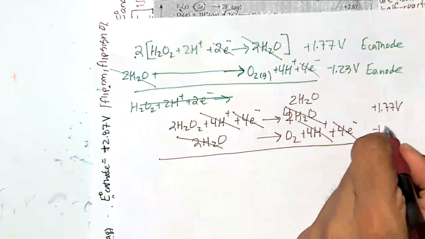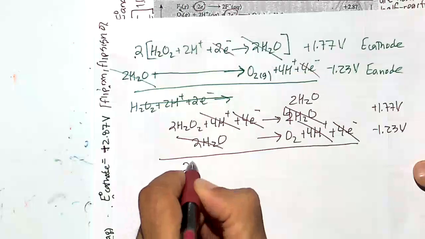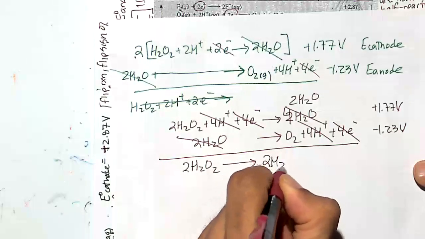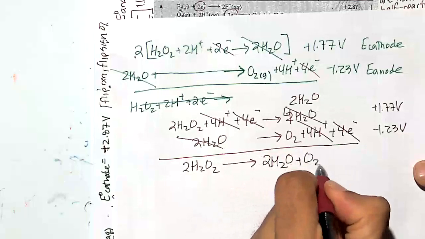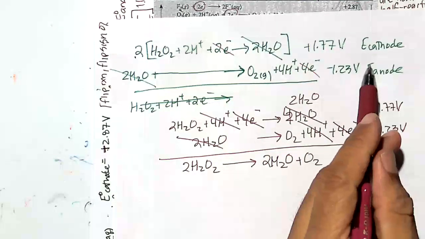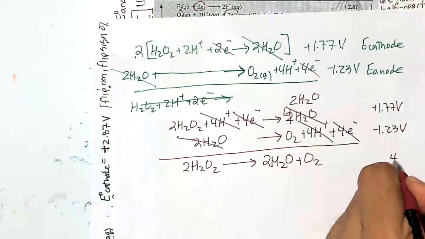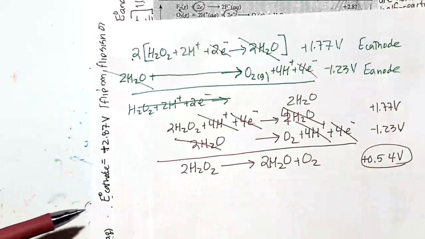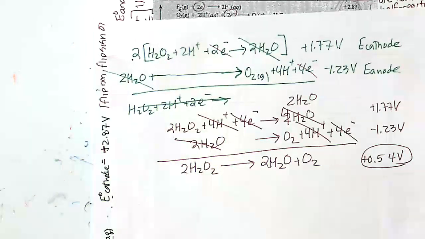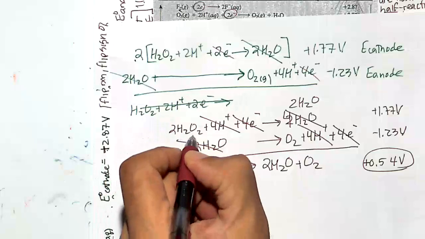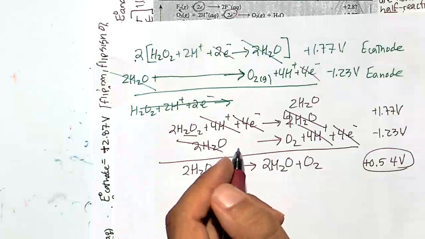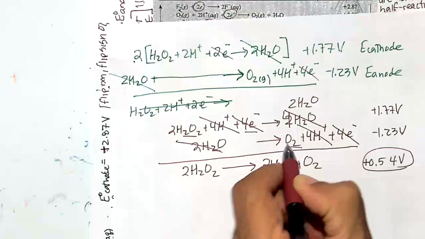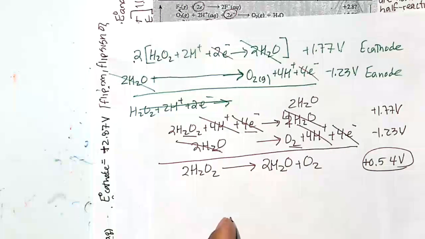We are left with 2H2O. And my net reaction is 2H2O plus O2. And then we add the cathode and the anode, and this is going to be 0.54 volts. Positive 0.54 volts means it favors the products. So you can make a battery with H2O2 being reduced to water and water being oxidized to oxygen.